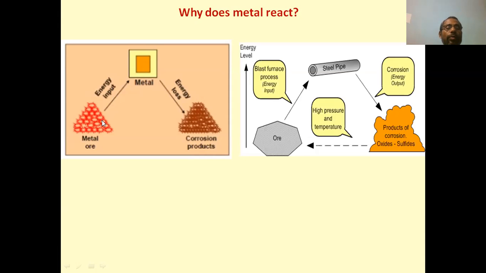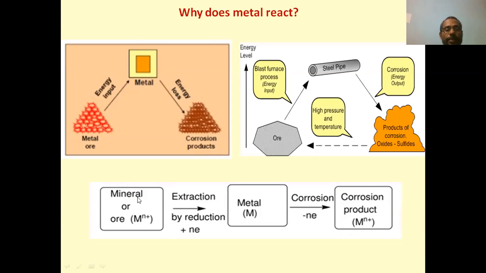For the metal ore, energy is used to extract it, and we get the pure metal. Then the pure metal loses energy during the corrosion process. So why does metal react? The answer is that it has higher energy compared to its combined state.